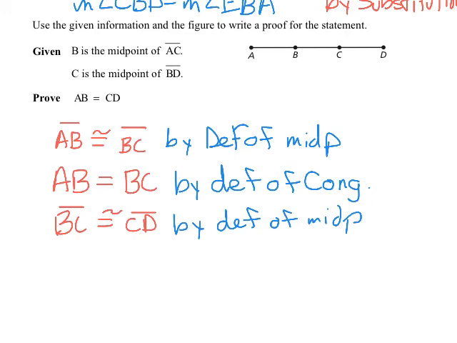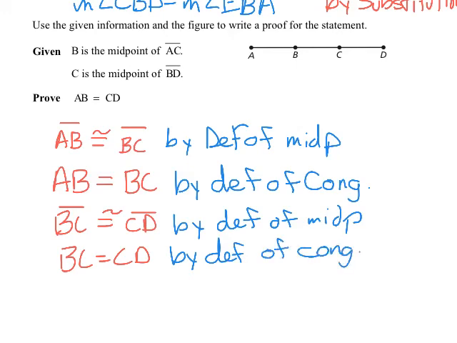Okay, and then we go to equality. So we go from congruence to equality. So now we would say BC is equal to CD by definition of congruence. Okay, so congruence to equality, congruence to equality.